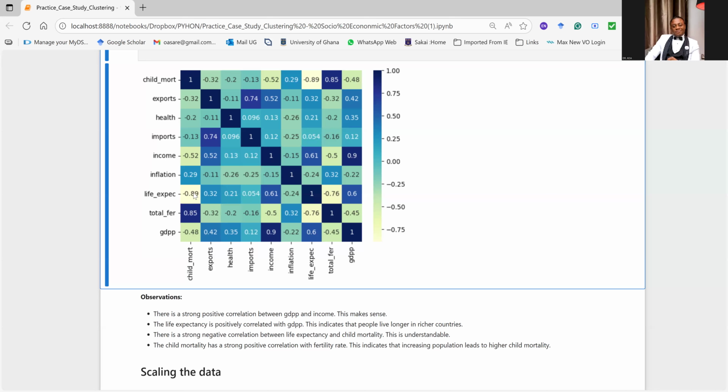All right. So that means that when you are in a country with a high child mortality rate, the average age they are expecting someone to die would be very low as compared to other countries where there's a low child mortality rate. Why?